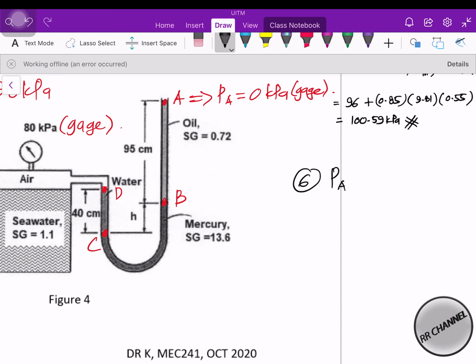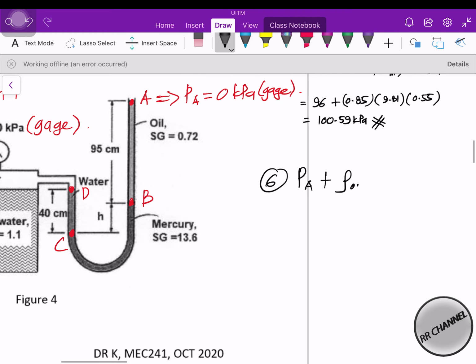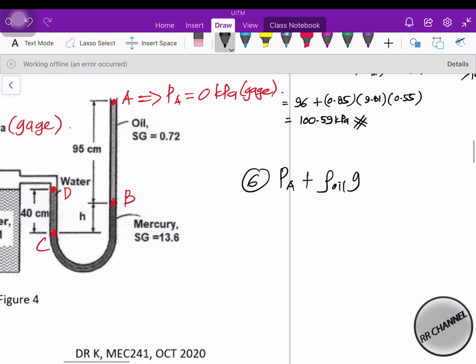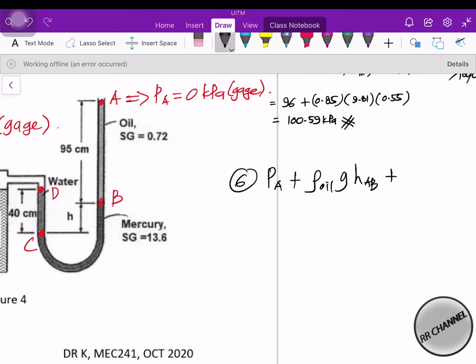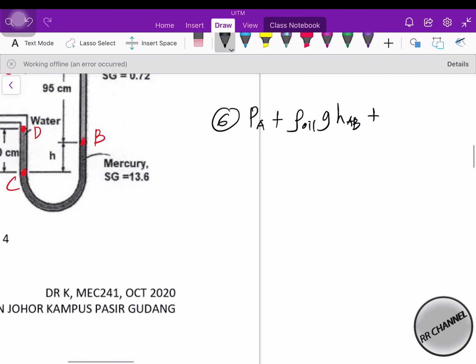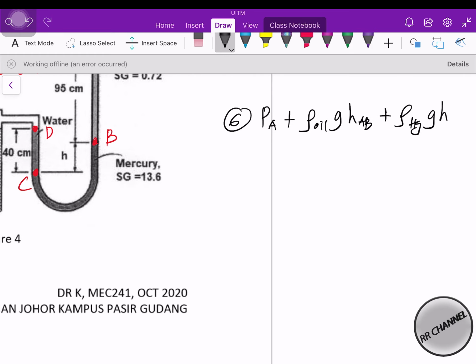So question number 6, PA. Then we move downward from point A to point B, plus rho of the oil multiplied by g multiplied by h_AB. From point B to point C, we need to plus again because it goes downward. So this is the density of the mercury multiplied by g multiplied by h. So h_BC is what is intended in this question. We want to find the h value, so I just leave it as h.